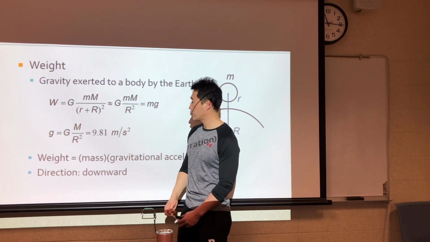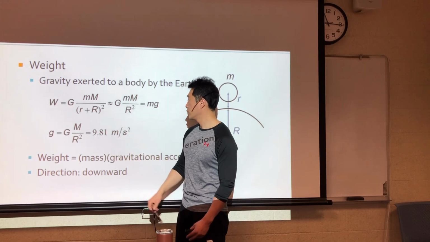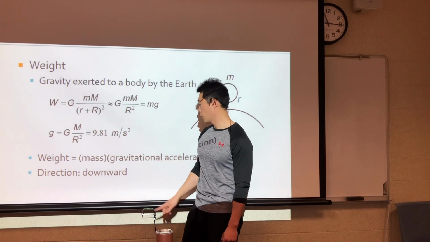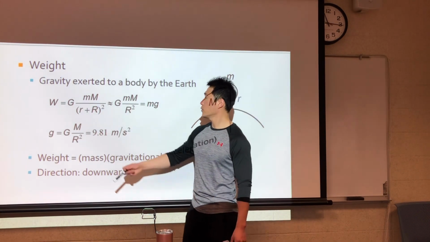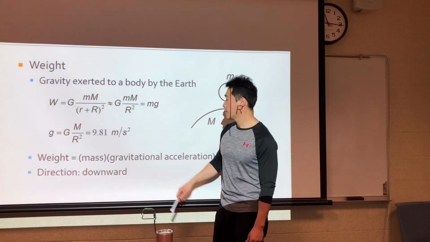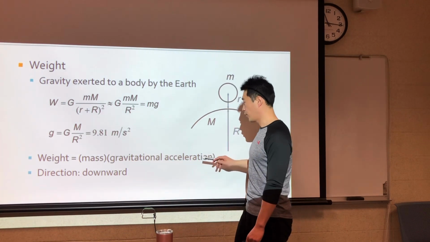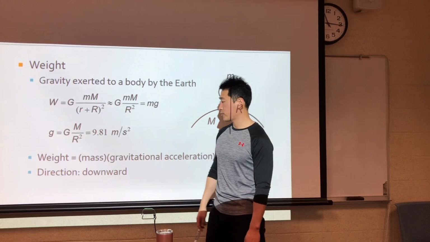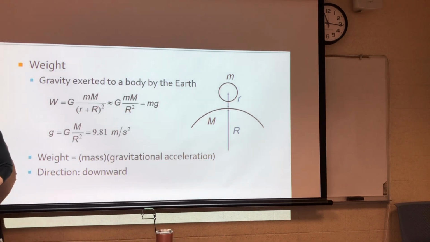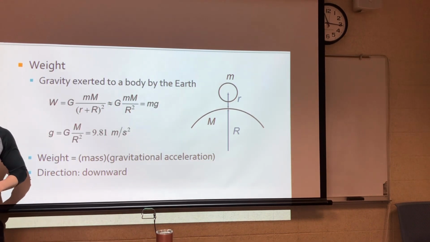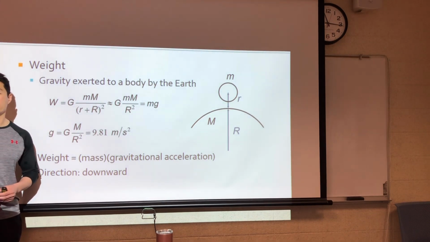We can replace this with 9.81, which is the gravitational acceleration. Then weight is equal to mass times gravitational acceleration, and the direction is always downward. So we can stop here, and then we'll start friction in the next video.